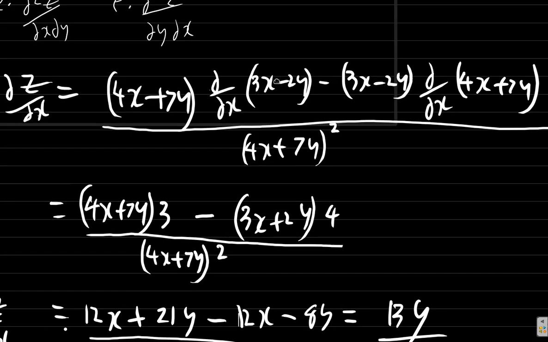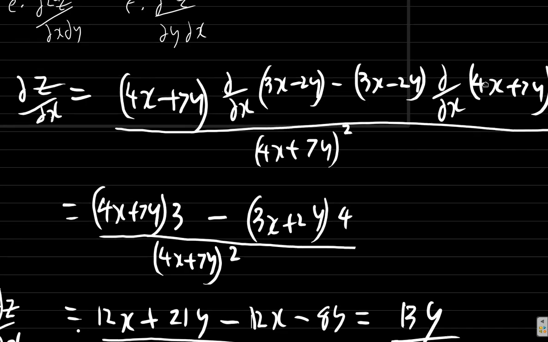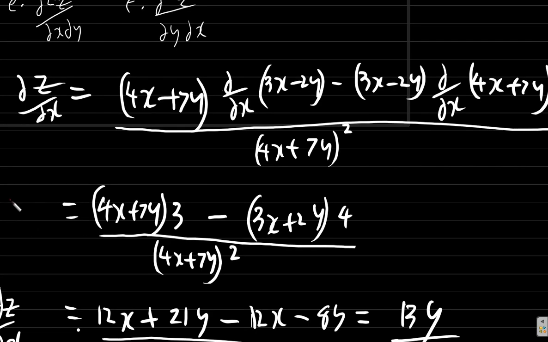When you differentiate this with respect to x, we get 3, and that multiplies (4x + 7y), minus differentiate (4x + 7y) with respect to x, we get 4, and that multiplies, oh my, this minus 2 should be here. No?